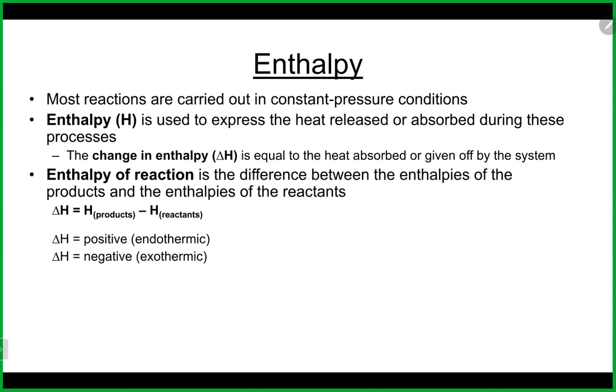The enthalpy of a reaction is the enthalpy of the products minus the enthalpy of the reactants. So as we've been talking about, this is again our final minus initial states. As we talked about, if we end up with a positive value, that's going to be an endothermic reaction, and a negative value will be an exothermic reaction. So how do we do this type of calculation?